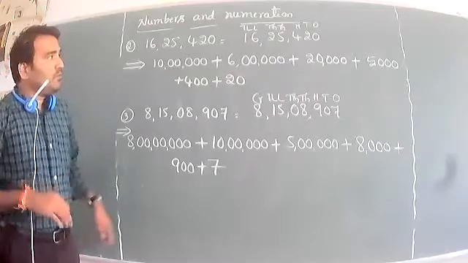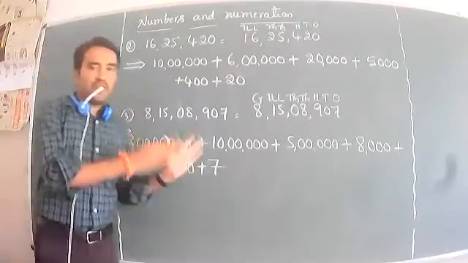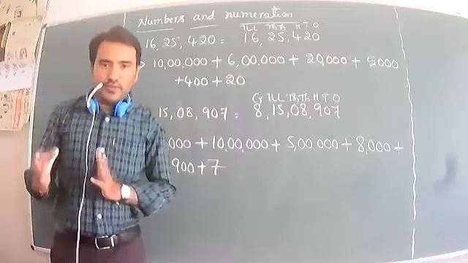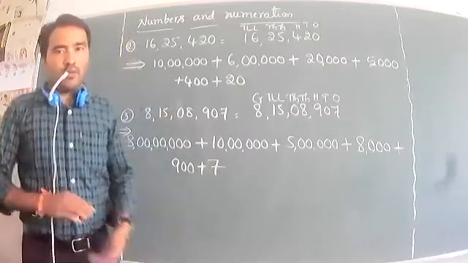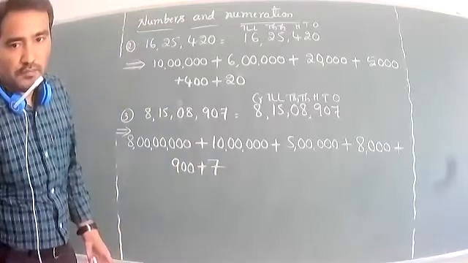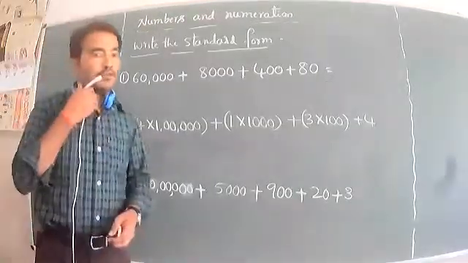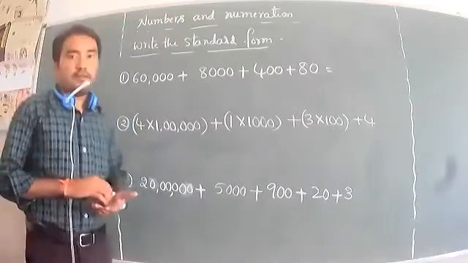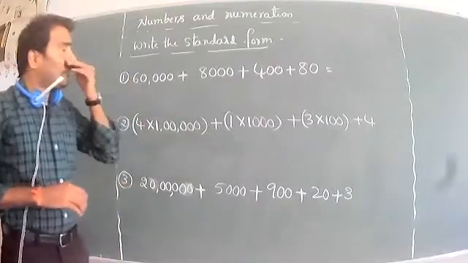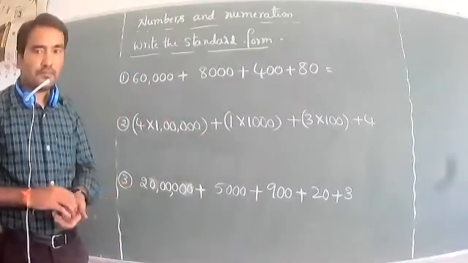Okay. Now sometimes the expanded form will be given, and we write the short form. Now I will take examples of how to write the short form. Okay, students, the expanded form is already over. So now, how to write the standard form?